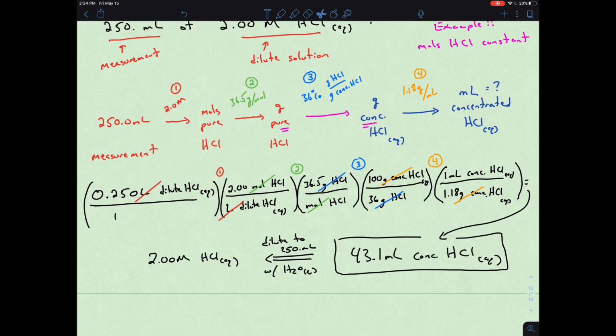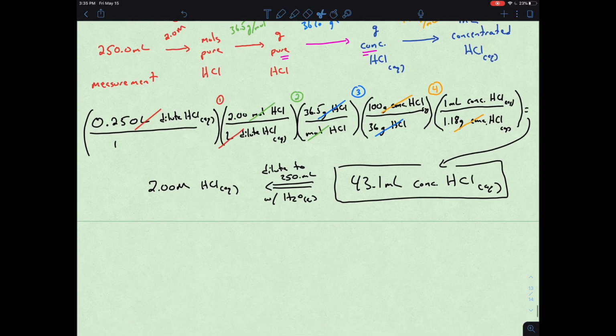So there are examples of some solution concentration units. We talked about percent by mass, percent by volume. We've talked about molarity. And there are a couple other ones out there as well. We're not going to get into too much, but other solution units that we would see is parts per million.